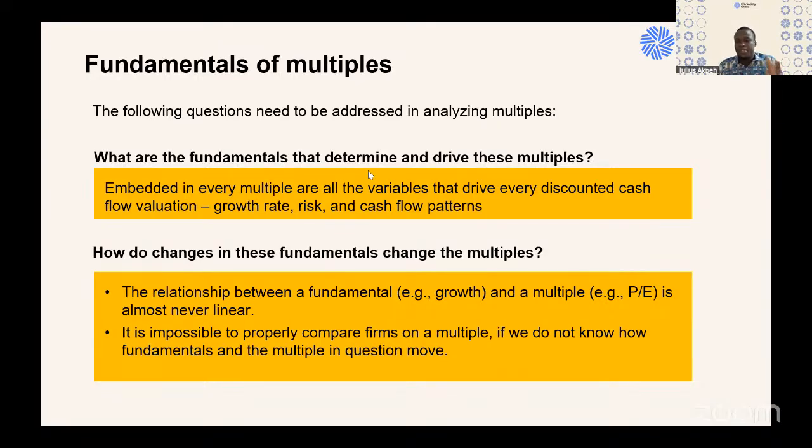Now, this also means that when we want to do relative valuation and we sample companies, we select comparable companies, we can look at their multiples, and more than ever, we can also decompose the multiples to see what is driving them.